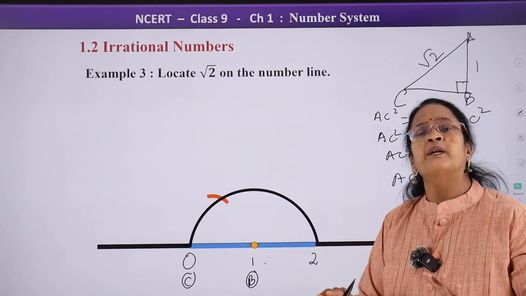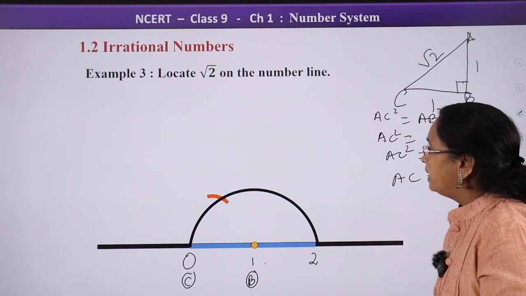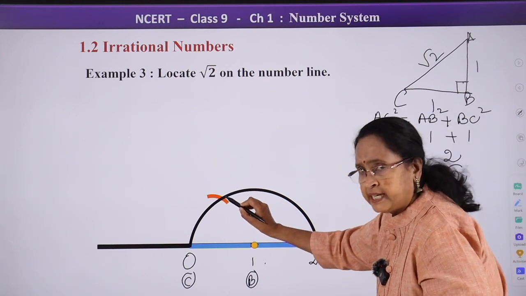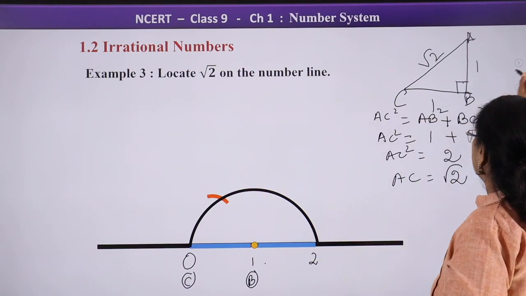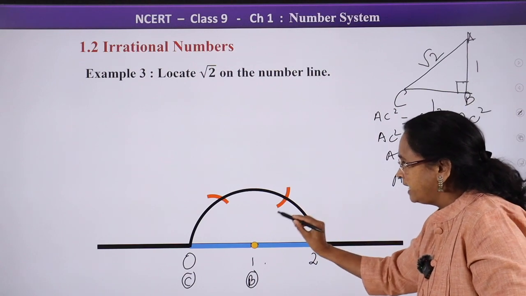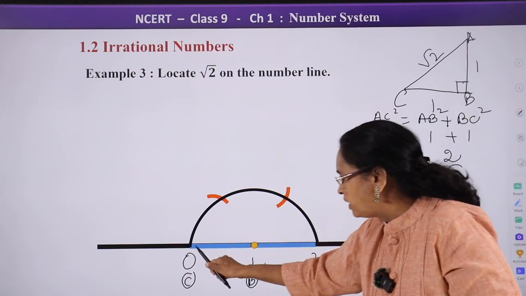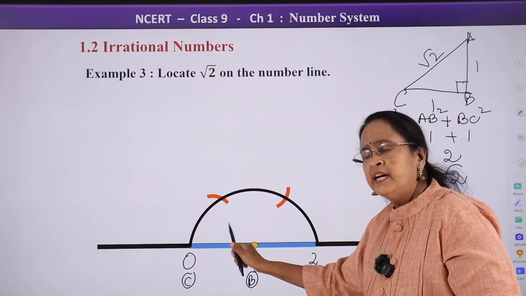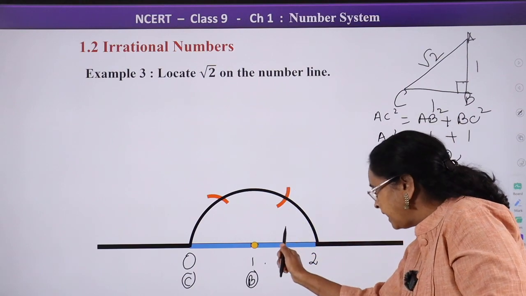The first arc means it is 60 degrees. Now, with this point at 60 degrees as center, we will cut another arc.